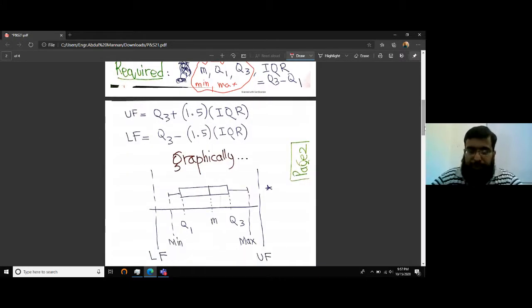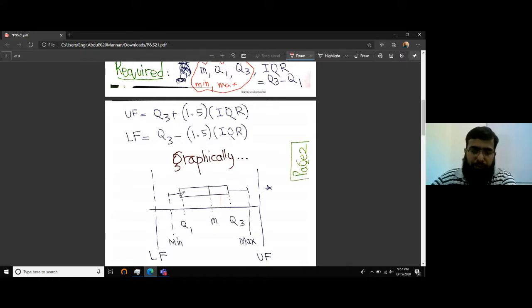Graphically, it's like a box. This is the box. The box has a lower limit and upper limit. The lower limit is Q1, the first quartile, the upper limit is Q3, the third quartile. And we have one more line in the middle that may not be exactly in the center, but that is at a value equal to the median.